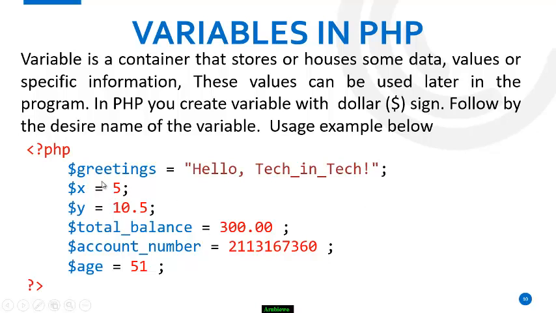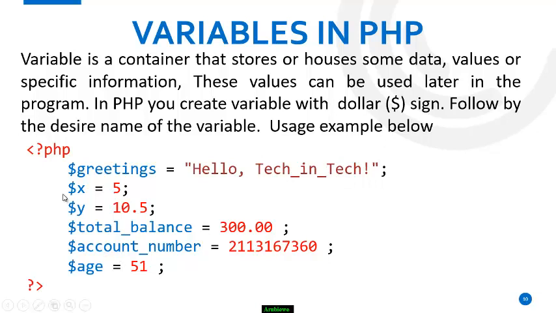So $greetings here is a variable. We created a variable named greetings which is equals to "Hello Tech in Tech". This Hello Tech in Tech is in quotes. So that is one variable.